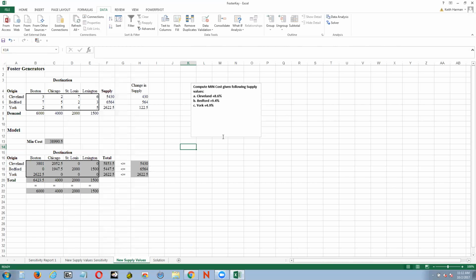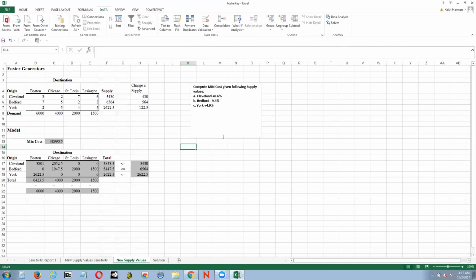If you look on page 309 in cell C17, let's look at Cleveland to Chicago. Originally, Cleveland to Chicago was 1,500. That was the supply, the units of supply. Now Cleveland's got 8.6%, so it's going to be 1,500 times 8.6%. So there you go, and that's why it changes.